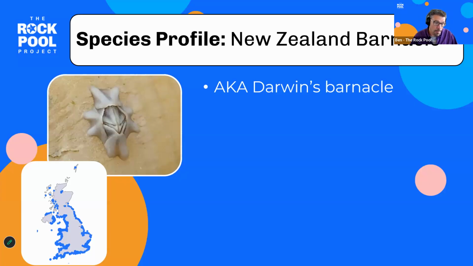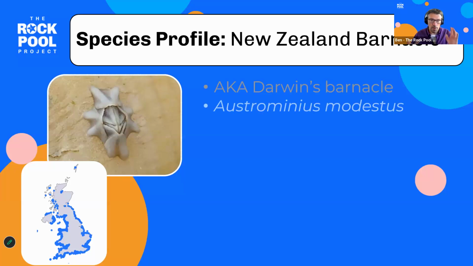This issue comes up a couple of times. The only surefire way to know that you're talking about the correct species is to use the Latin name. The Latin name for this species is Ostrominius modestus. This has also changed in recent years, so be careful with that, but that's the correct Latin name.